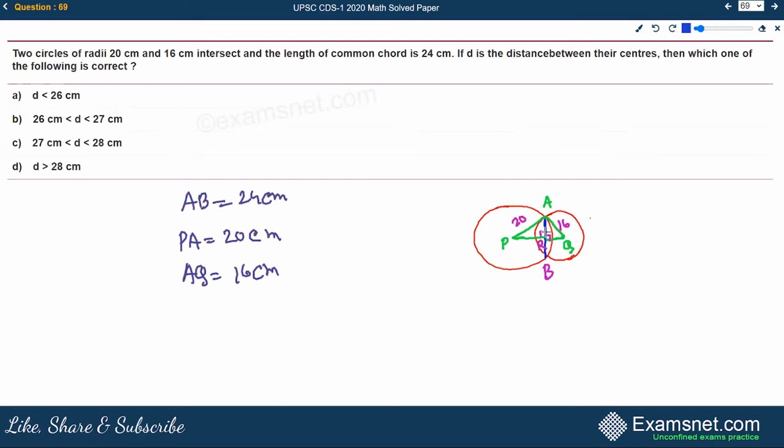Since the radius makes a right angle on the chord, here angle ARP and angle ARQ, both of them are right angle, 90 degrees. So we can use the Pythagoras theorem, correct?